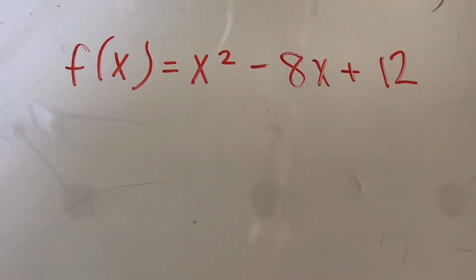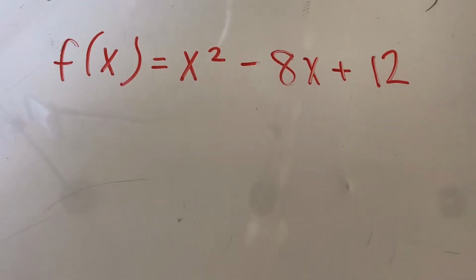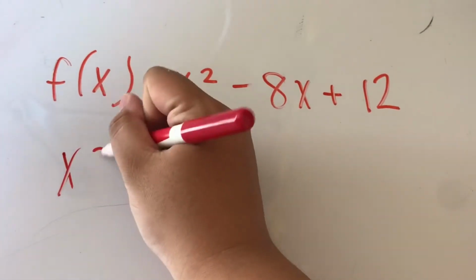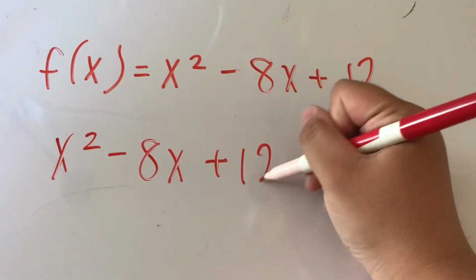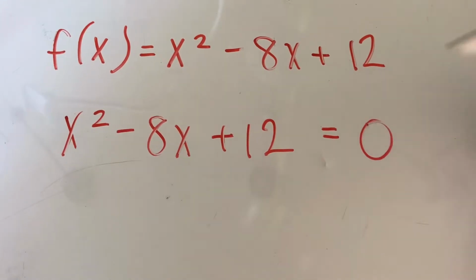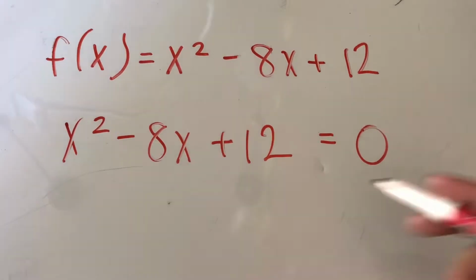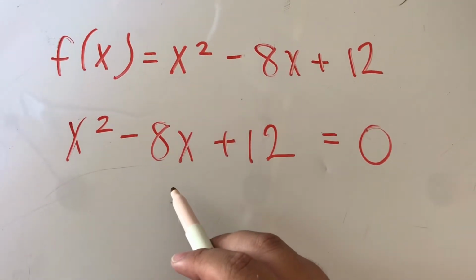In order to find zeros by factoring, you would have to set the function equal to 0. We are going to use this function: x squared minus 8x plus 12 equals 0. The next step that you would do is factor. You have to find factors of 12 that add up to -8 as well.